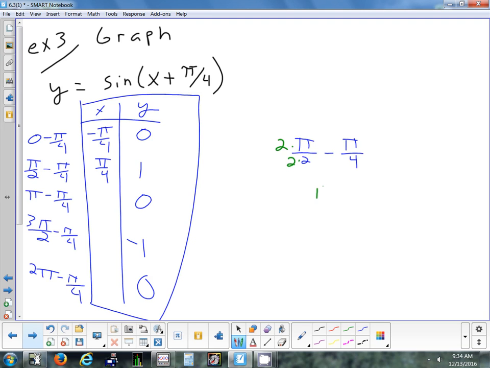The next one is pi over 1. Take away pi over 4. Same common denominator. Multiply the bottom by 4 and the top. So what's 4 pi over 4? Take away 1 pi over 4. 3 pi over 4. Now, does anybody see the pattern with the number in the numerator? It's always over 4. And there's always a pi at the end.